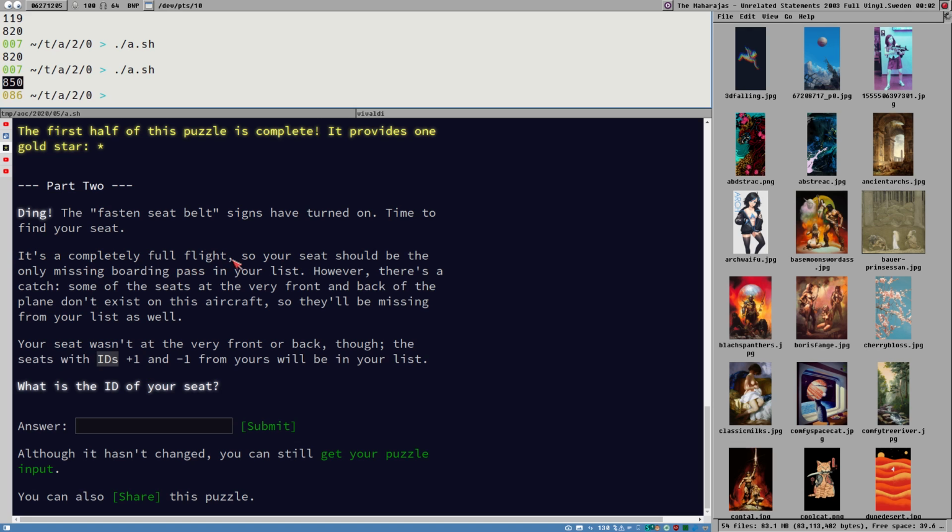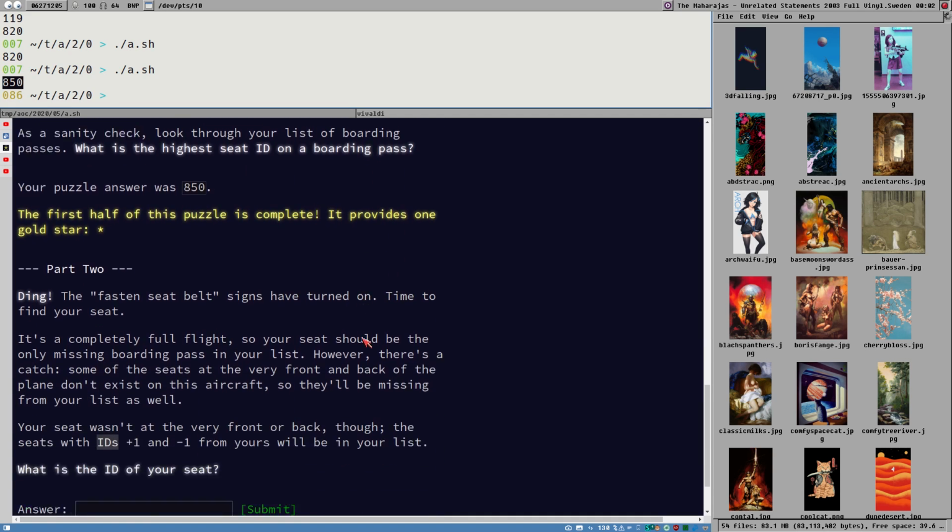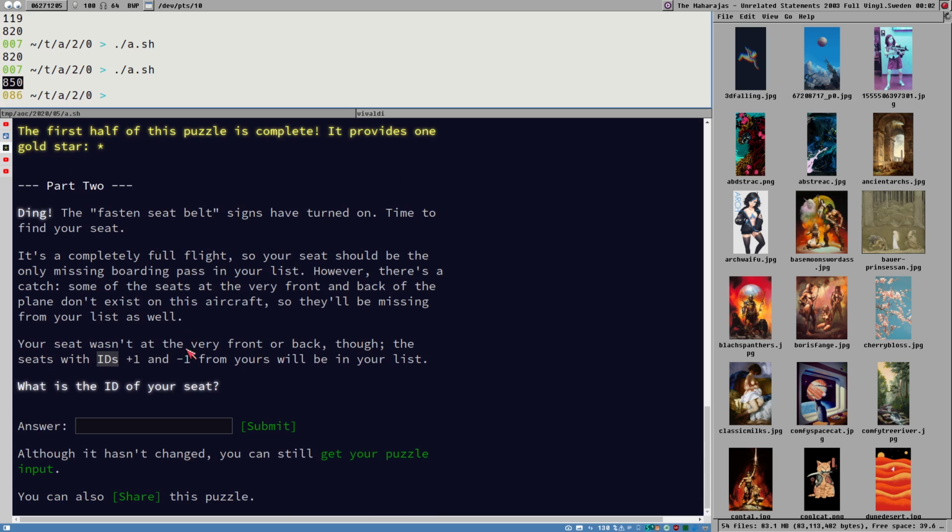It's completely full flight, so your seat should be the only missing boarding pass in your list. Okay, so there is a boarding pass missing. This was just the highest. This wasn't our ID. Yeah, it was just a question here. It didn't look through your list of boarding passes, it was the highest. Okay. So this has nothing to do with our ID.